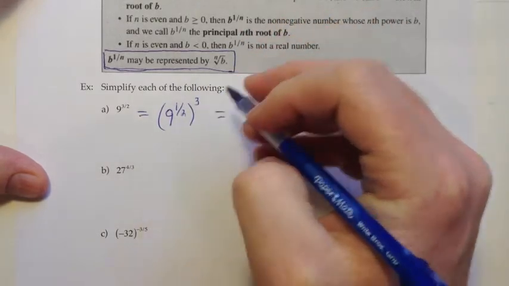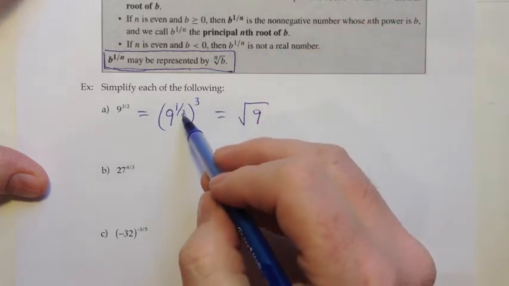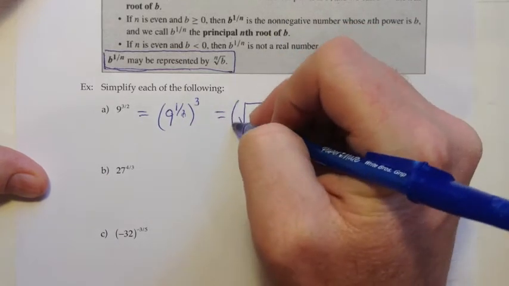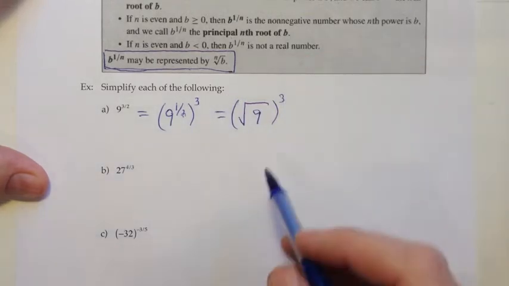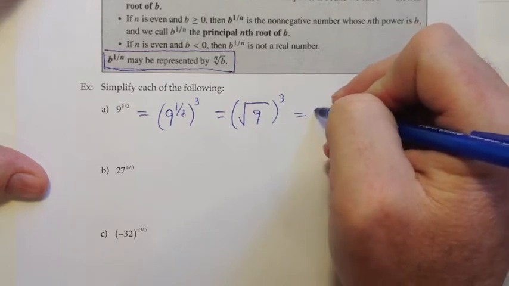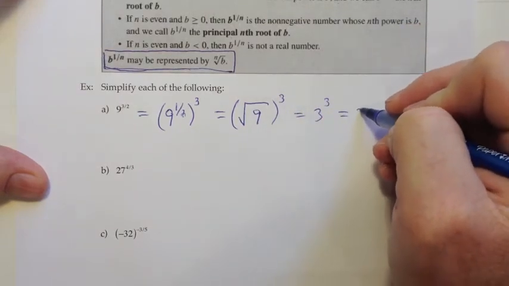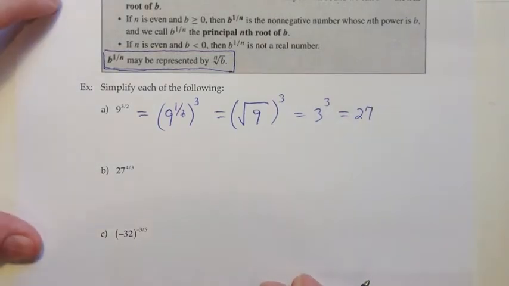So I would say that 9 to the 1 half is the same as the square root of 9, because that denominator tells me what kind of root to take, so a square root, and then I still have that 3 out there. And after that I would just work it through in steps. The square root of 9 is 3, and then we still have the exponent of 3, and 3 to the third is 27.